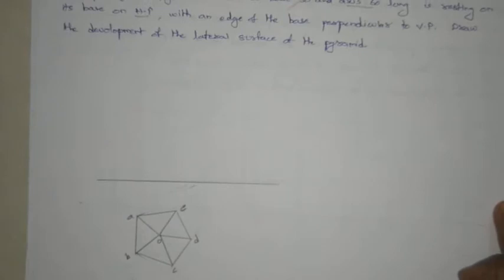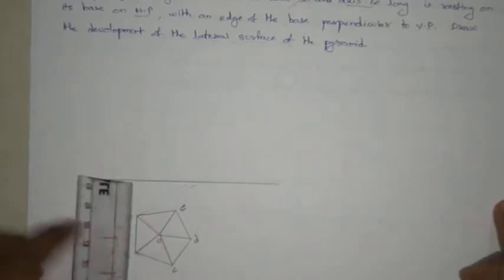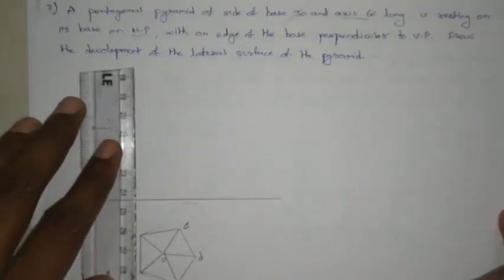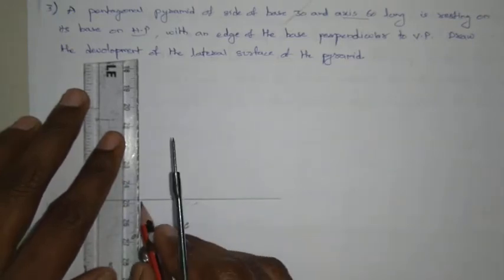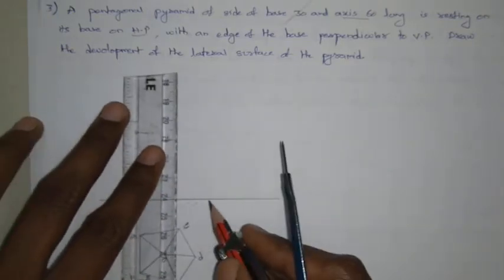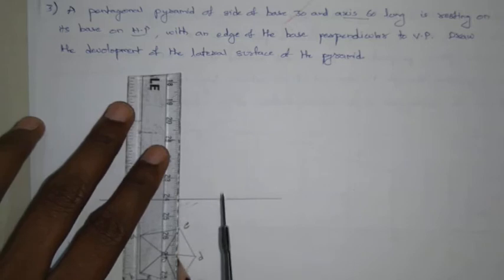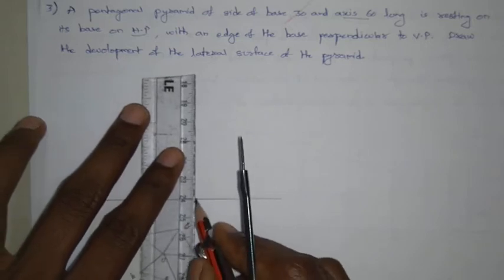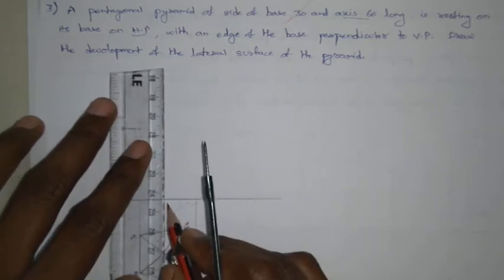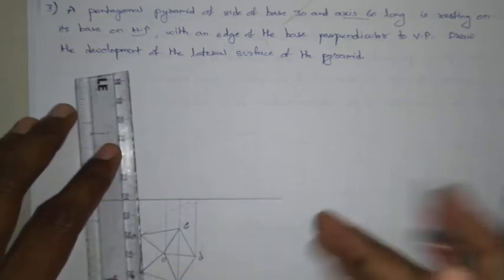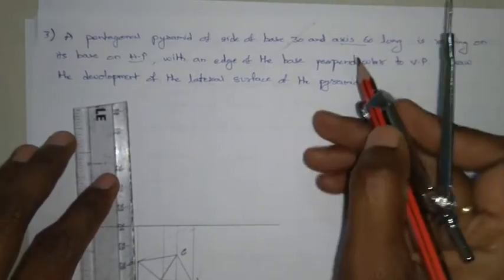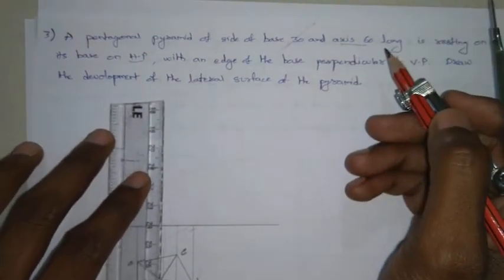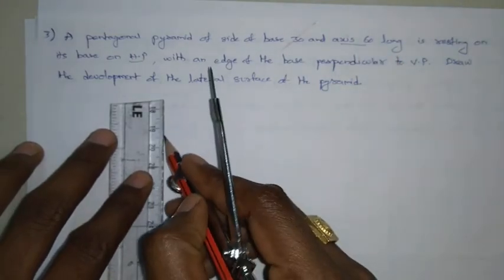Now project the front view. Here axis given as 60 mm, so we can take axis as 60 mm.